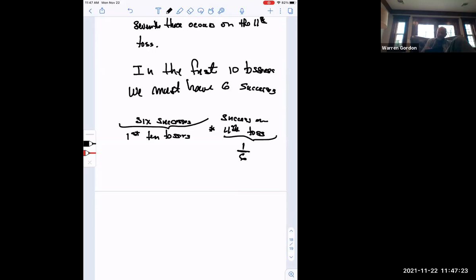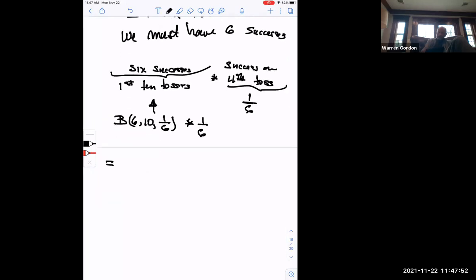Now this is just an ordinary binomial distribution. We want 6 successes in 10 tosses, and the probability of success is 1/6, times a success on the last toss.